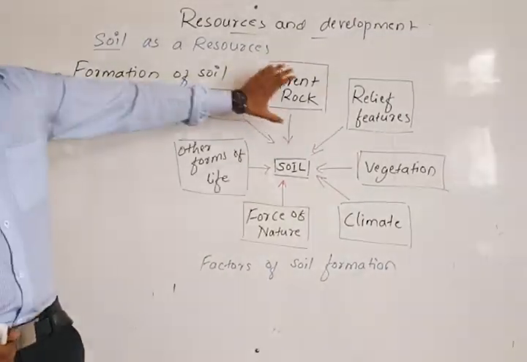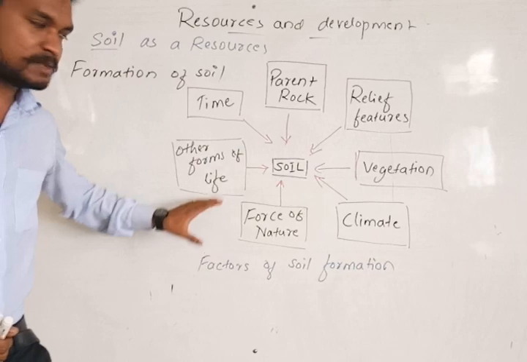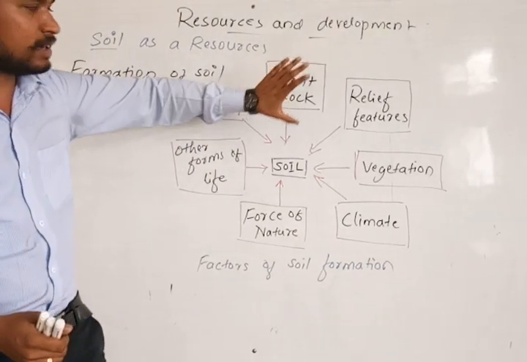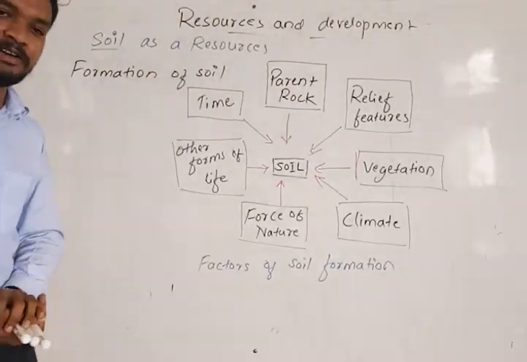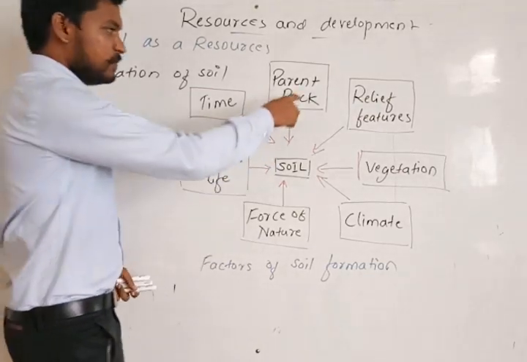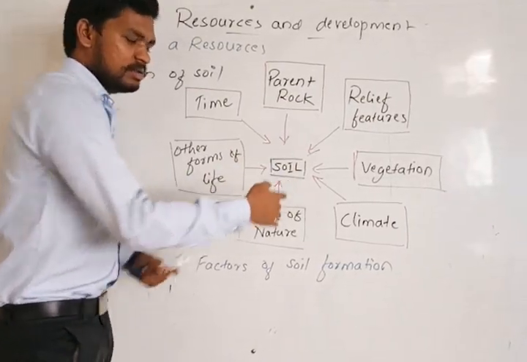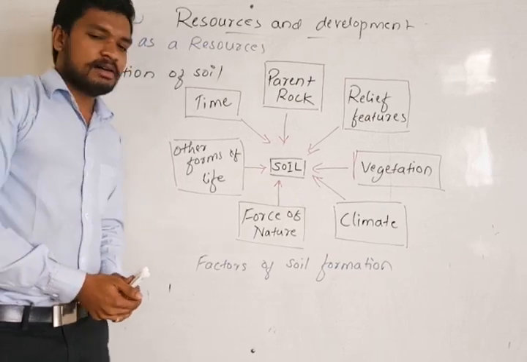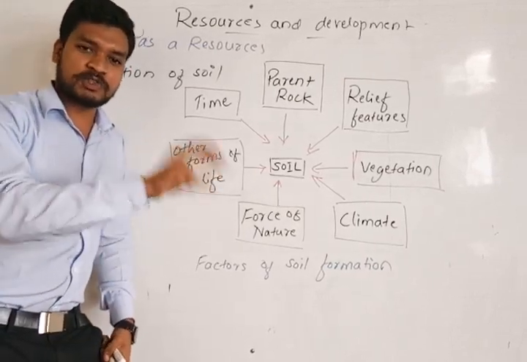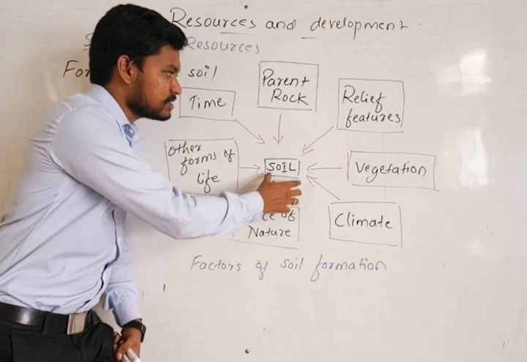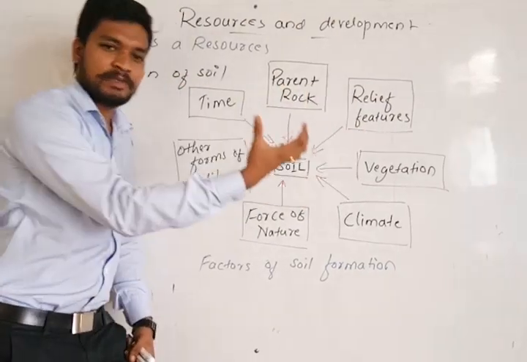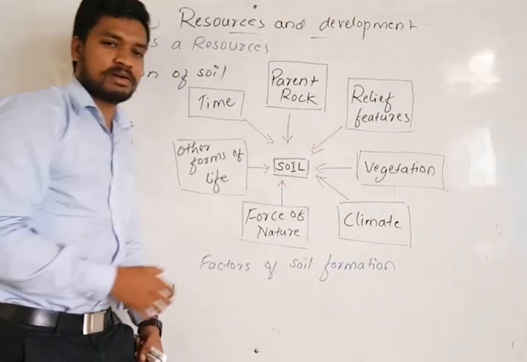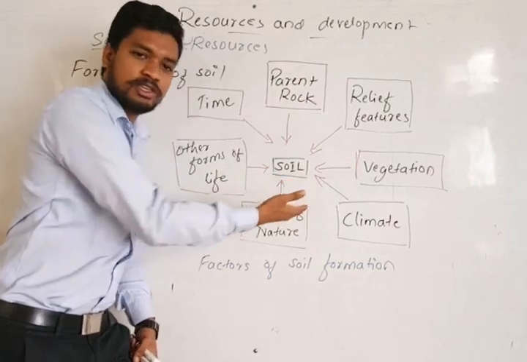You can take anything as the first, but the main thing is the base, like the parent rock, the bedrock. The nature of the bedrock influences the soil texture, soil color, and chemical components of the soil, which are transferred from the parent rock to the soil.